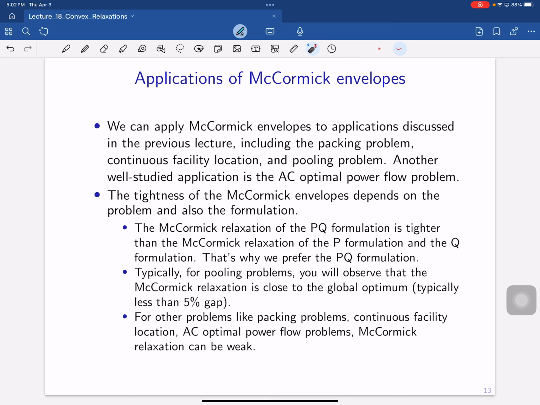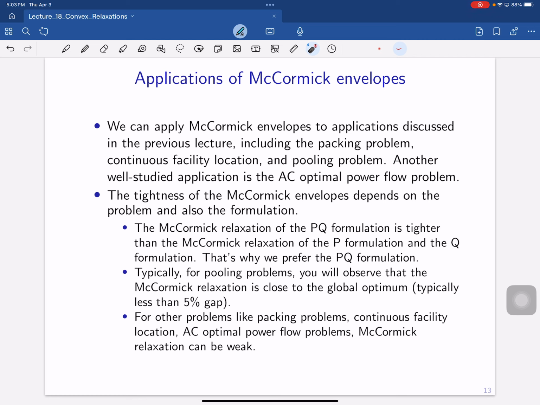Okay. And for the pooling problem, you can observe that if you use the PQ formulation, the McCormick relaxation is actually pretty good. It's very simple to derive, but for some problems, McCormick relaxation is pretty good. It usually gives you less than 5% optimality gap compared with the original non-convex problem.